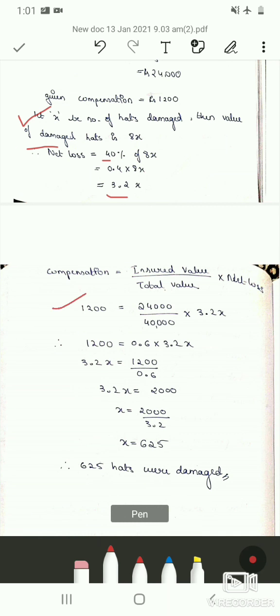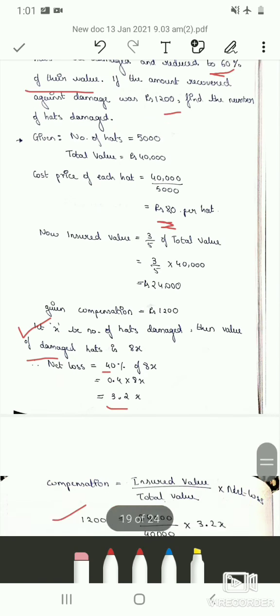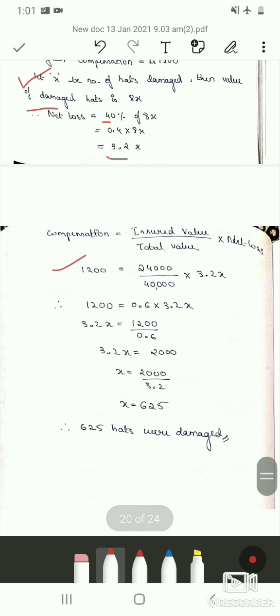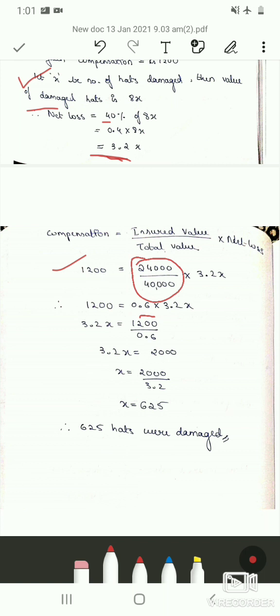So now we know compensation is insured value by total value into net loss. So the compensation is given, which is 1200. Insured value we got it as 24,000. Total value is given in the question, which is 40,000, and net loss we got it as 3.2x. Therefore, when you simplify, it will be 1200 is equal to 0.6, that is this value reduces to 0.6, and 3.2x.